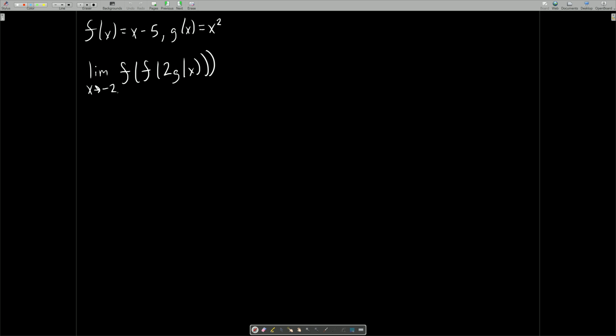All right, we have another one. This is a more complicated composite function, but it still works the same way. You take your f here, you put it on the outside. Now you do the same thing again with the second f here.